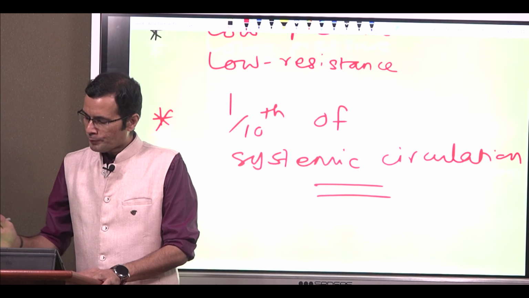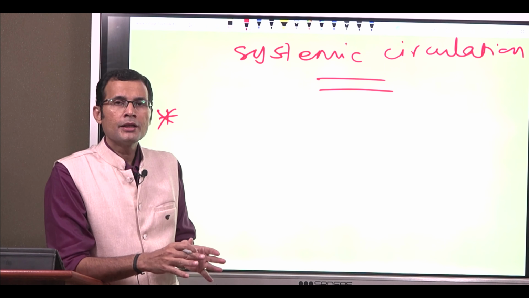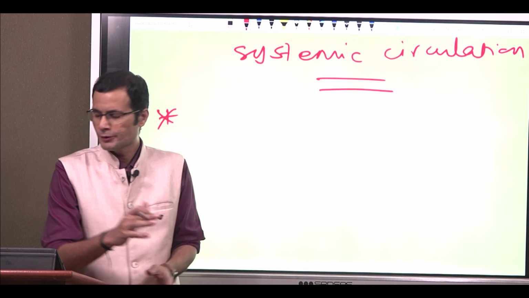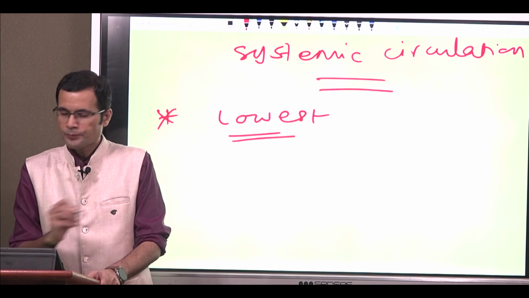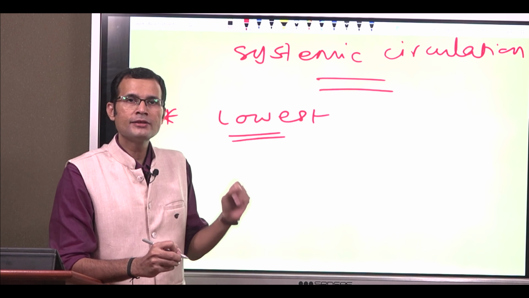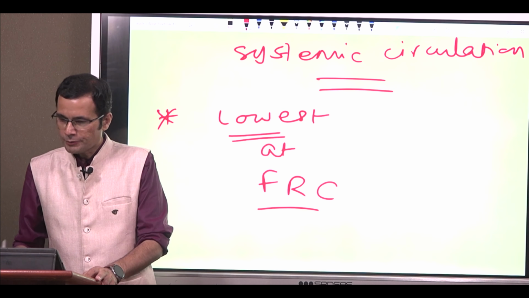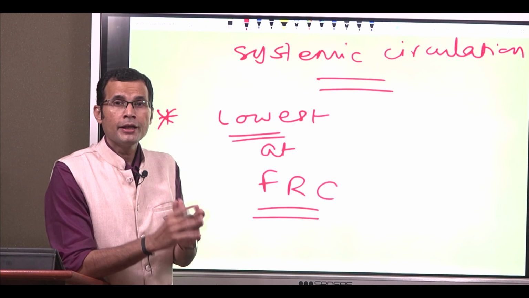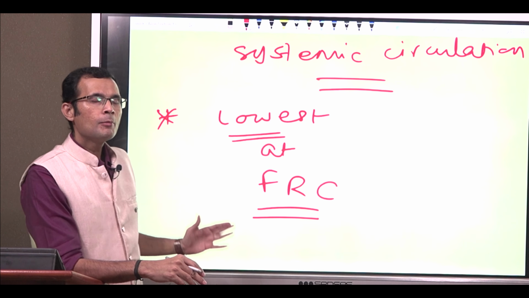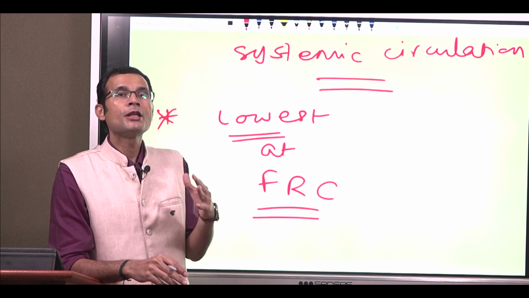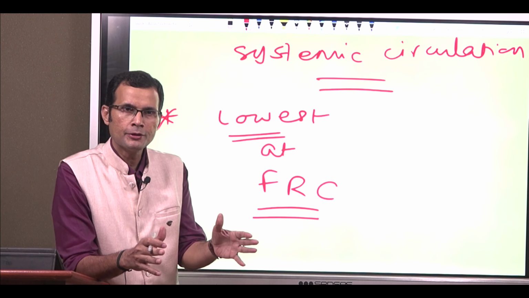So that's the first point related to the pulmonary vascular resistance. Second point, and this will be important: the pulmonary vascular resistance is lowest when the lungs are at FRC. That's a very important point. What I am trying to establish here is that pulmonary vascular resistance depends on the lung volume at any given moment.